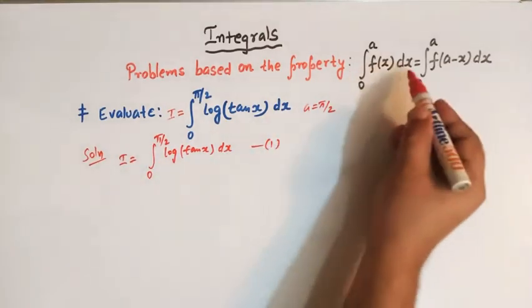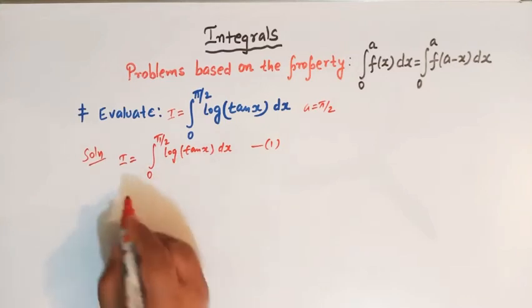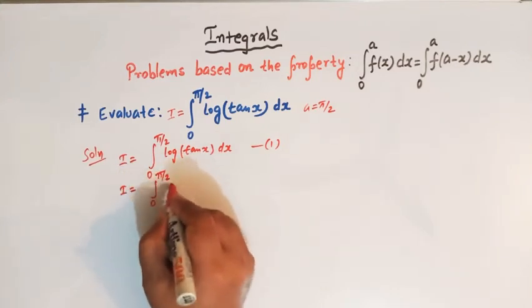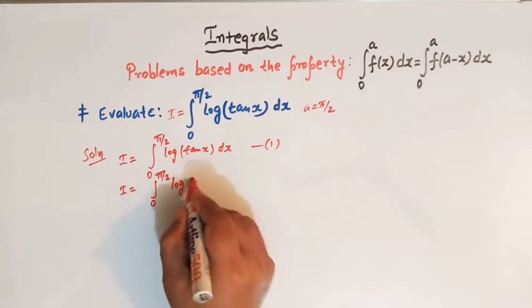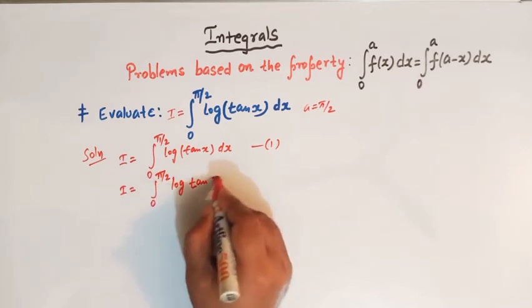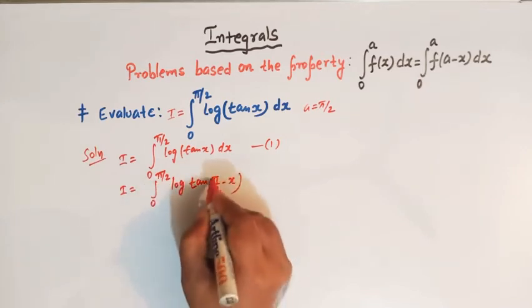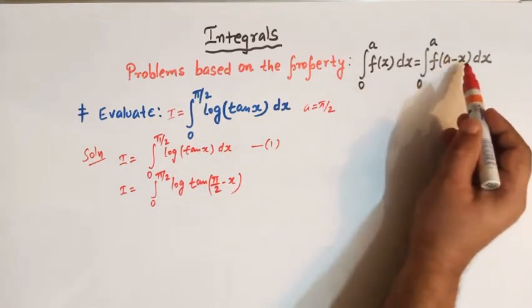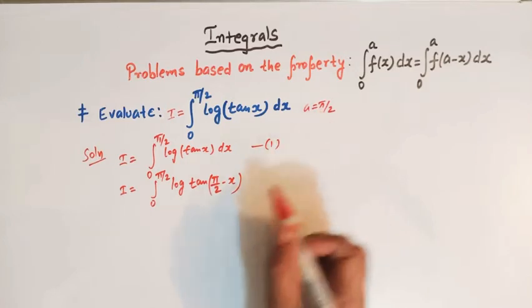Now applying this property to this integral, we have I is equal to integral from 0 to pi by 2 of log tan of pi by 2 minus x. So here we have replaced x by a minus x, and a is pi by 2.